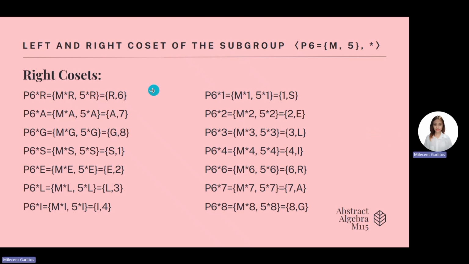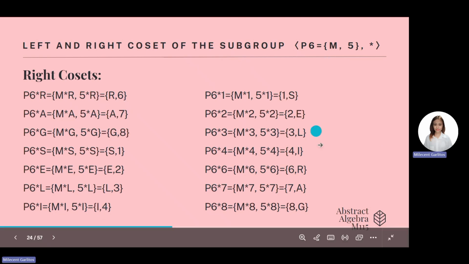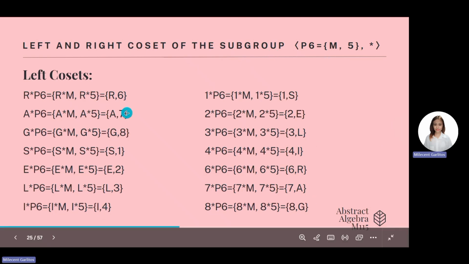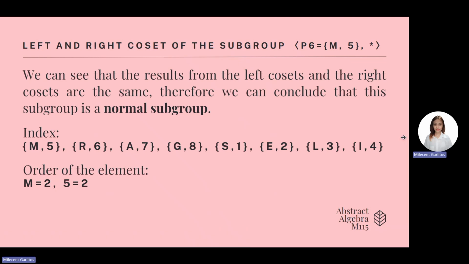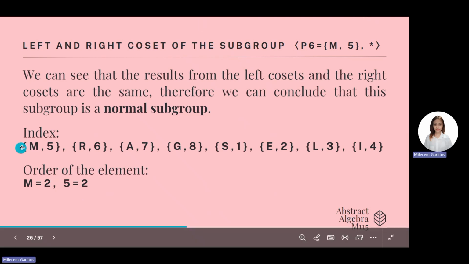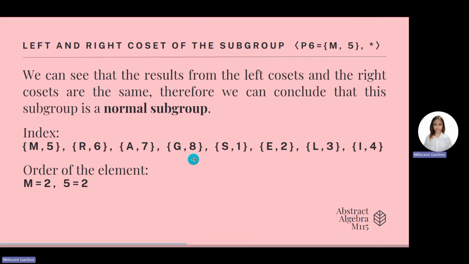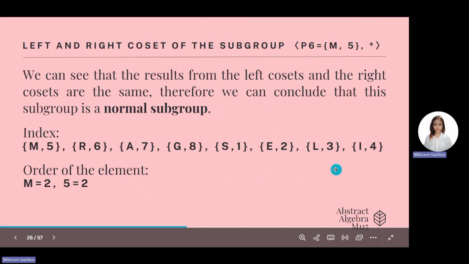So we can see that all the outcomes of the right cosets are the same to the outcomes of the left cosets. And therefore, we can conclude that this subgroup is a normal subgroup. So the index would be M5, R6, A7, G8, S1, E2, L3, and I4. And the order of the element would be M is equal to 2 and 5 is equal to 2.